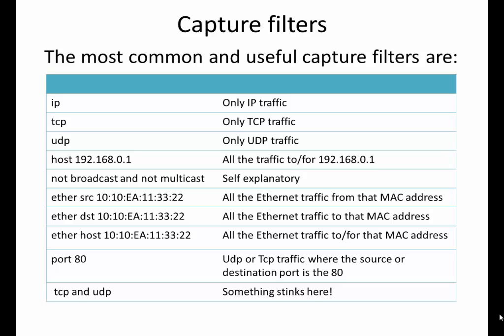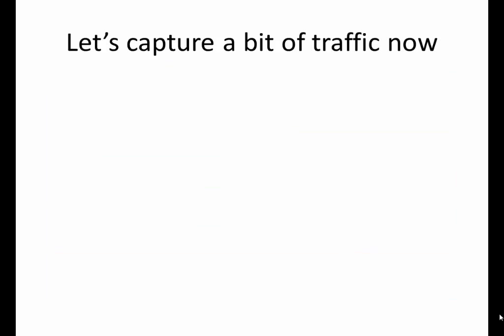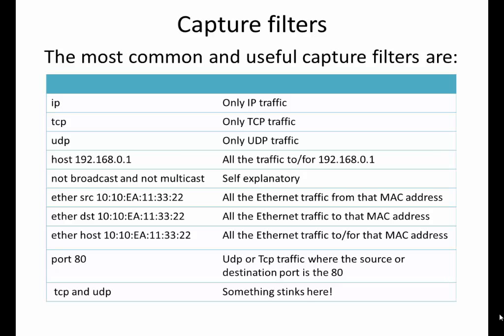TCP and UDP is interesting because in your mind syntactically it means all the TCP traffic and the UDP traffic, but logically it is not good at all, because it means the packet needs to be TCP and it needs to be UDP as well. So you will not capture any traffic.